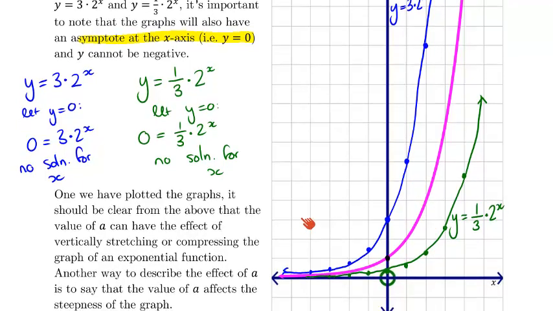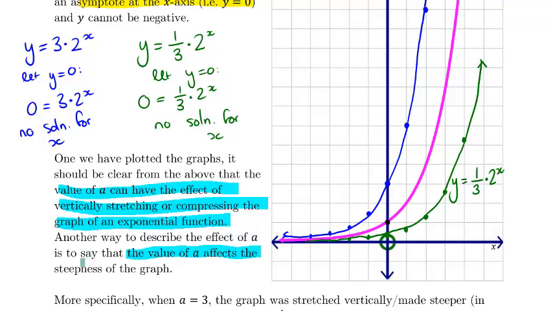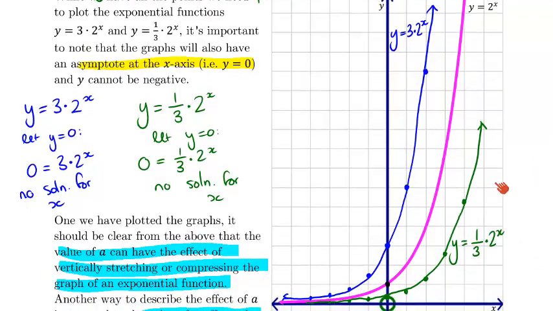Now, guys, once we have plotted the graphs, it should be clear from the above that the value of a can have the effect of vertically stretching or compressing the graph of an exponential function. Another way to describe the effect of a is to say that the value of a affects the steepness of the graph. Let me justify that by looking at how the change in the a value changed what was going on.